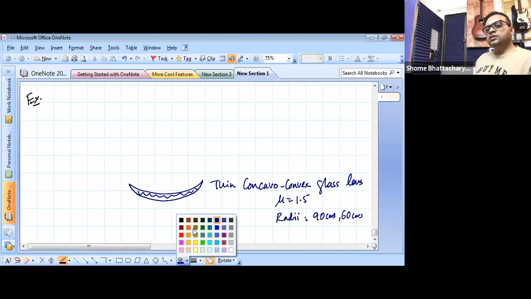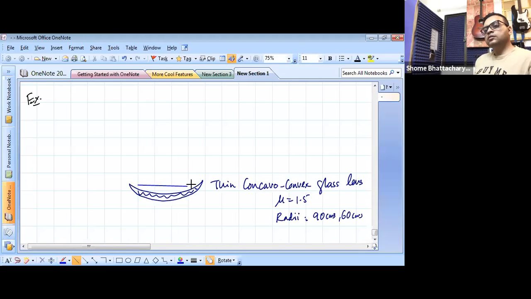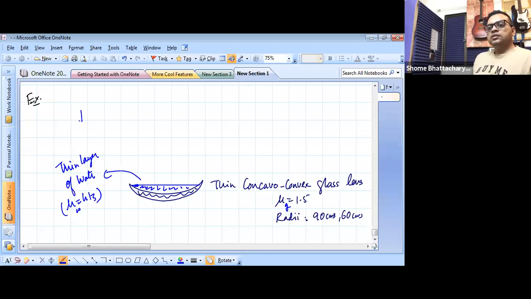Now what we are also doing is pouring a thin layer of water on top of this over here. This is a thin layer of water which has refractive index 4/3. And it's in a vertical plane, so this will be a plane surface of water.